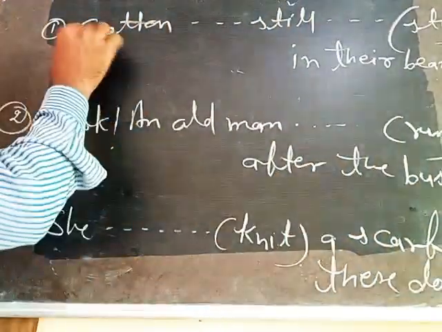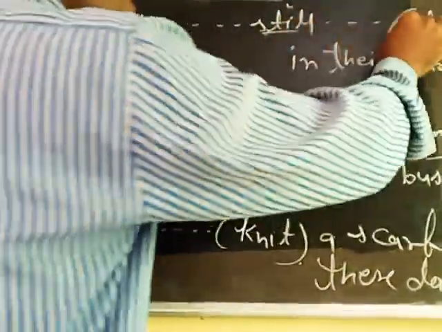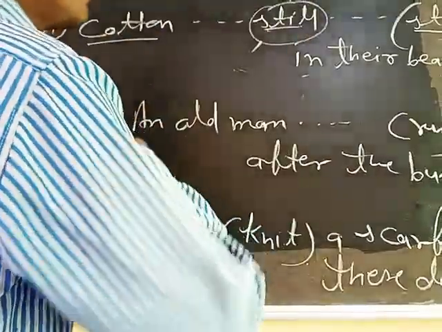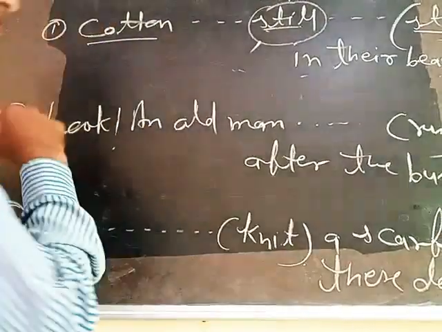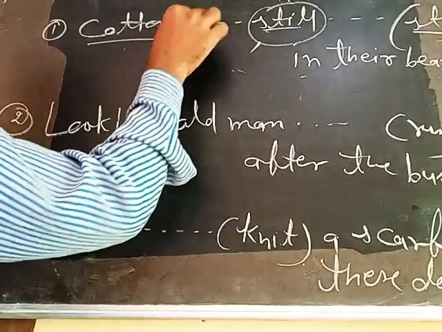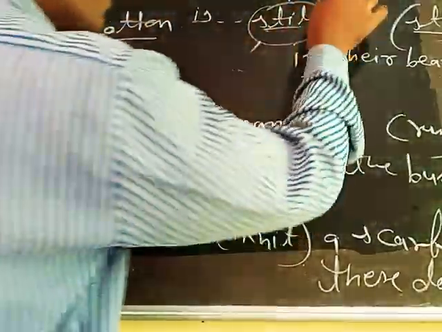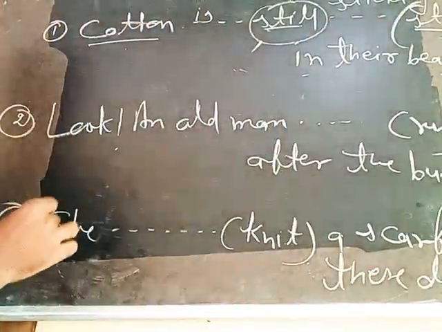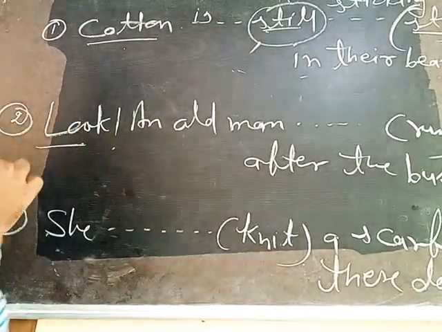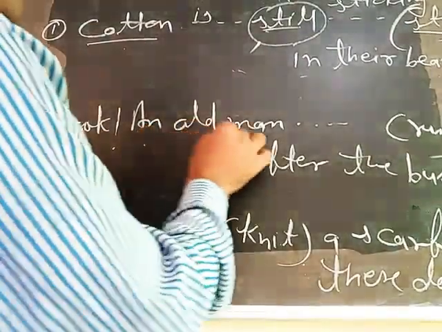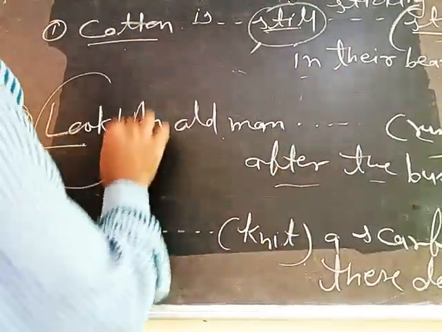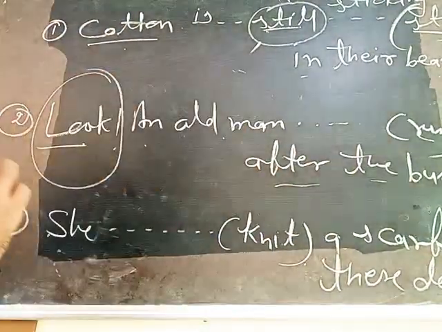Look, the first sentence is: cotton, still, stick in their beards. The adverb still shows present continuous tense. Cotton is a singular subject, so we use is, stick, sticking. Cotton is still sticking in their beards. The second sentence: look, an old man run after the bus. Look is an adverb which shows present continuous tense.